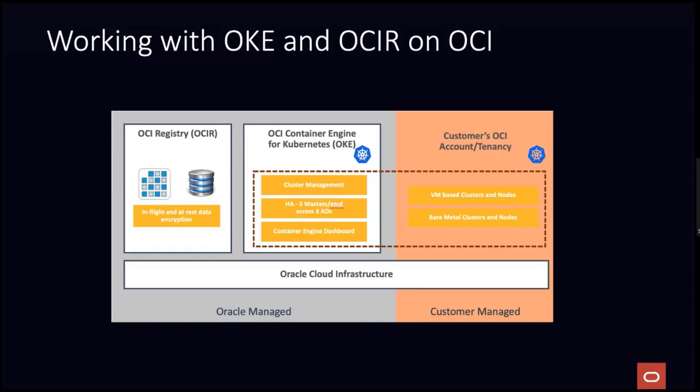Oracle manages the etcd and the master node of the Kubernetes engine, and most customers manage the worker nodes, which are VM based or bare metal. If you want to upgrade to a new version of Kubernetes, it's also supported in the container engine dashboard within OCI.